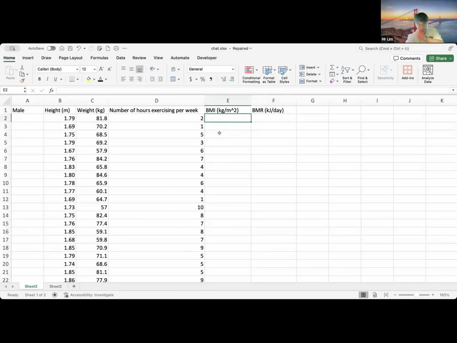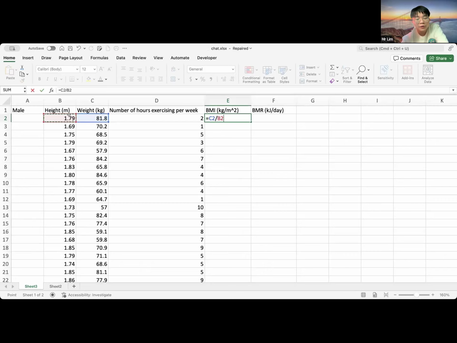So this one is for male. BMI is the same for both, right? So we use weight divided by height square. In Excel, you go to this cell and you want to calculate 81.8 divided by 1.79 square, right? So you press equal, this divided by this, and square it.